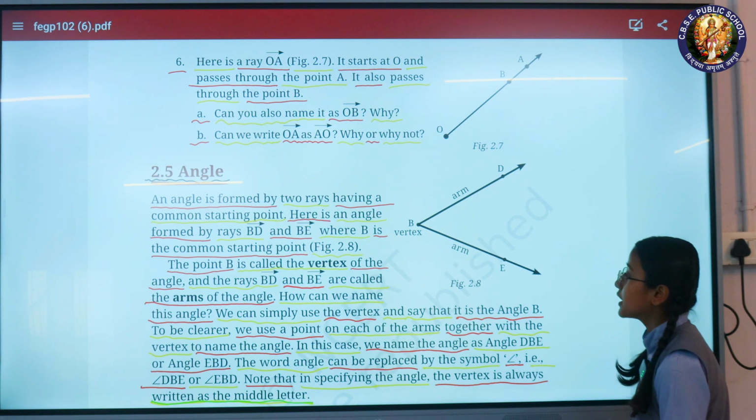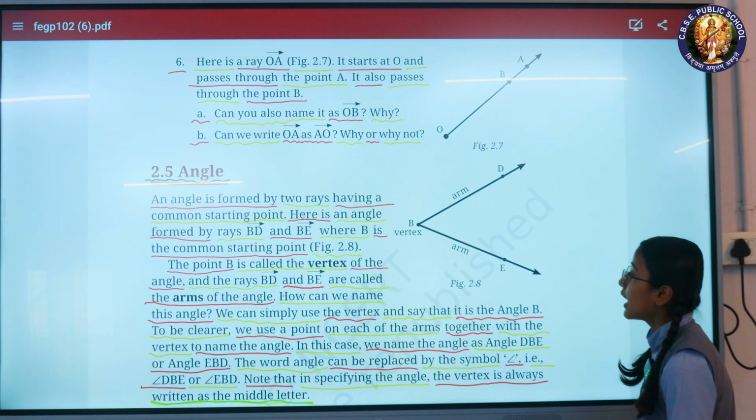The point B is called the vertex of the angle, and the rays BD and BE are called the arms.